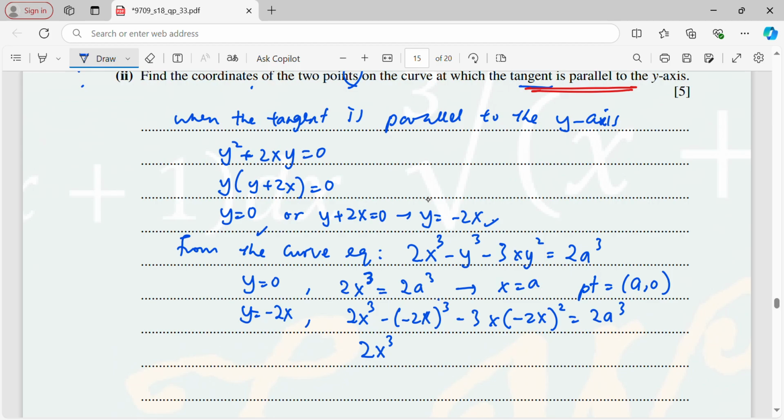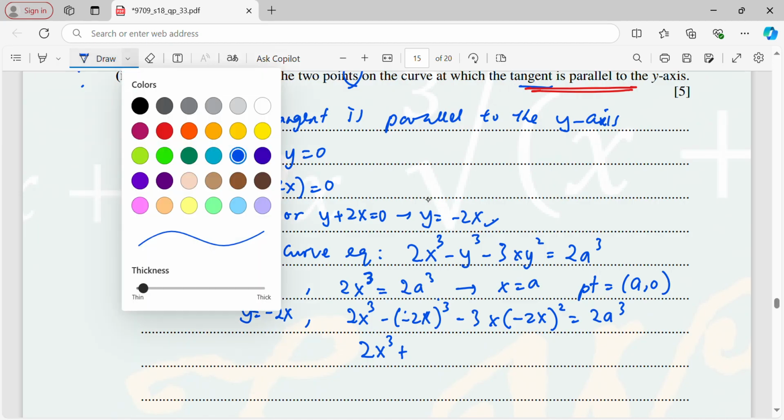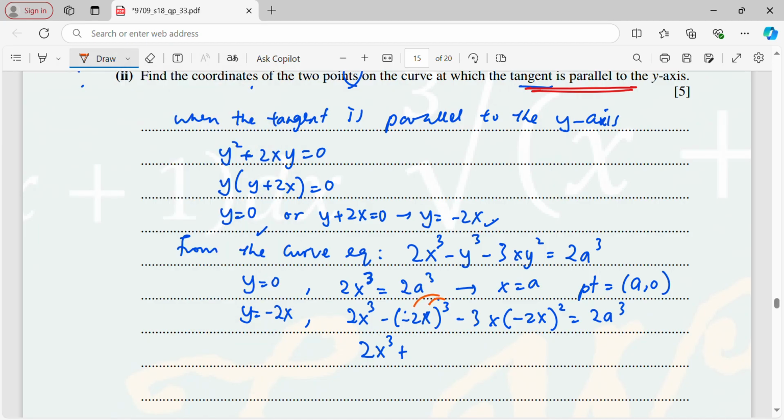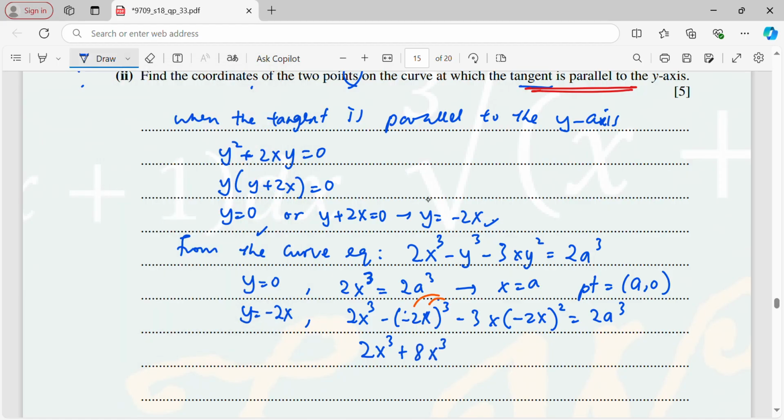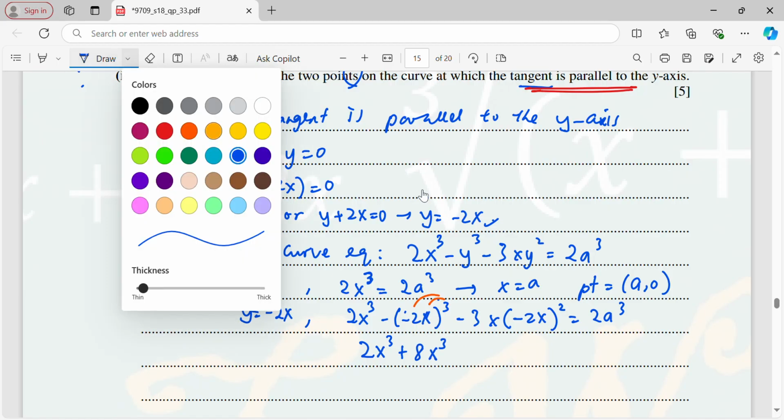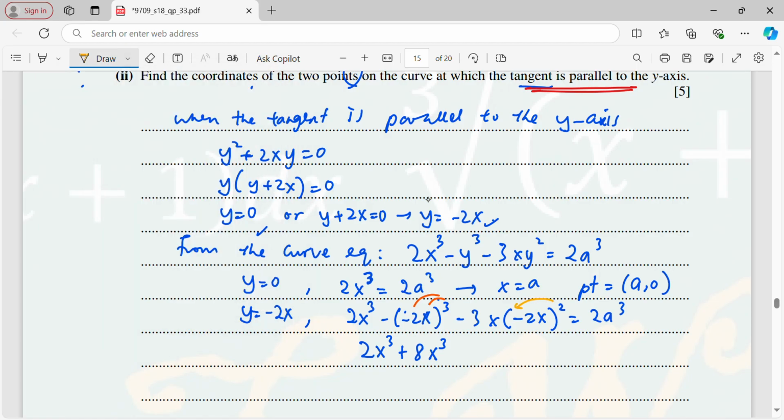So the cube of the minus is minus. The minus minus is a plus. Now bring in the cube to the 2 and also to the x. So 2 cubed is basically 8. So I'll get 8x cubed. And then you bring in the square to the minus. This is positive. So positive and minus end up with minus. And also bring in the square to these two terms. So 2 squared is 4. 4 times 3, 12. So it will be 12x cubed equals 2a cubed.